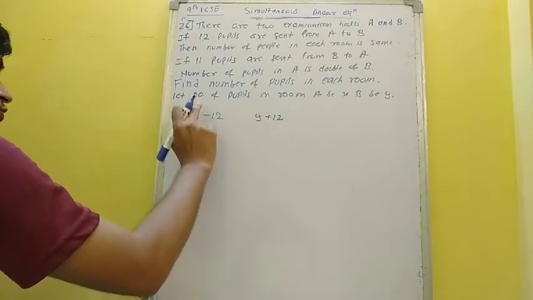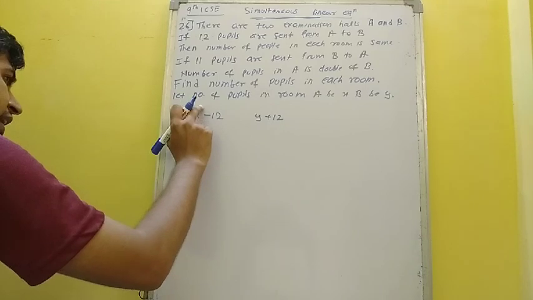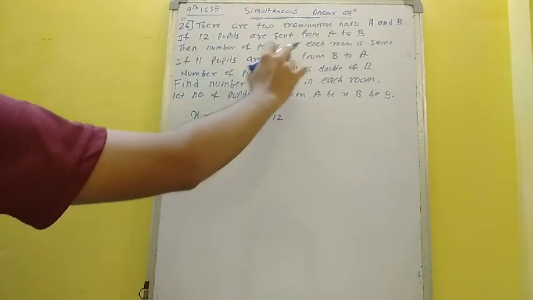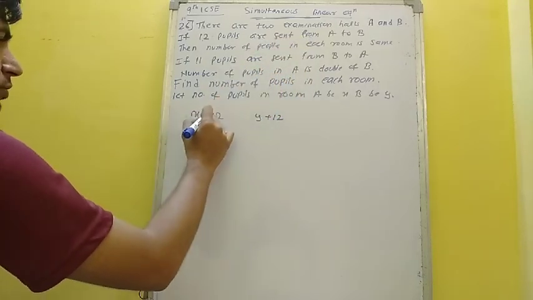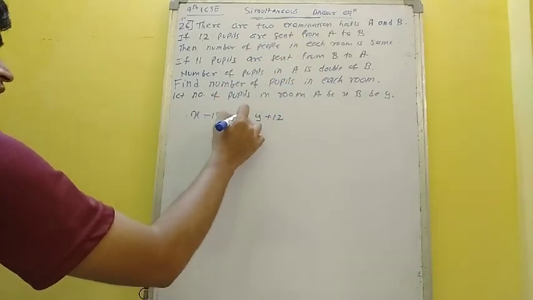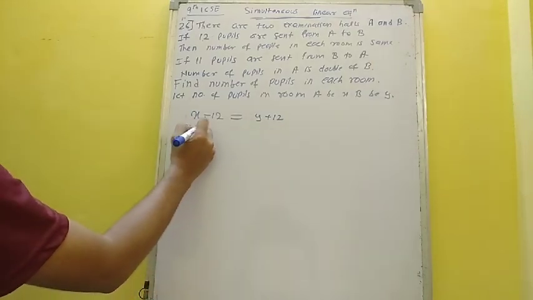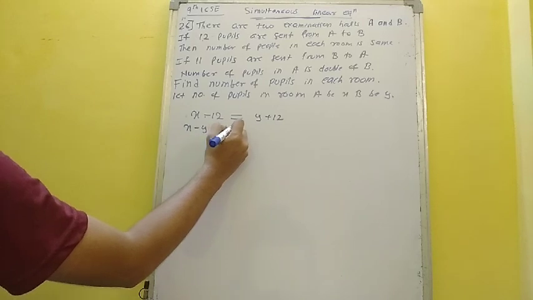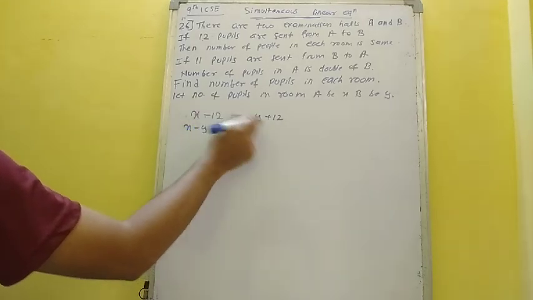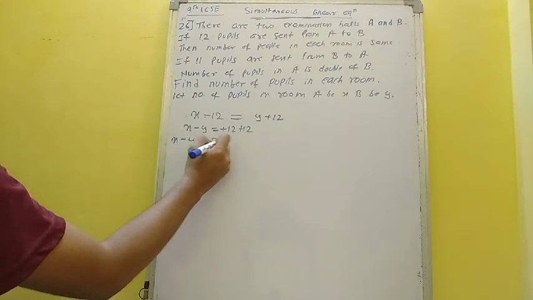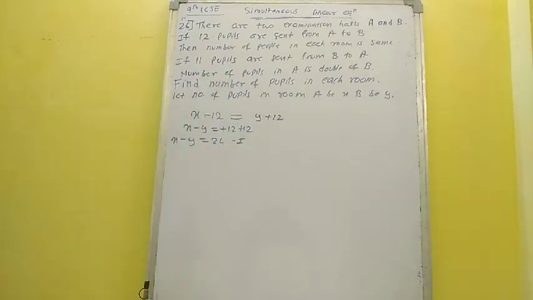This is minus 12 because 12 people from A are going to B. Then the number of people in each room is the same. If this is minus 12 and this is plus 12, then they are equal. So y will come to this side. X minus y is equal to 12 plus 12. Minus 12 will go there and become plus 12. We have x minus y is equal to 24.